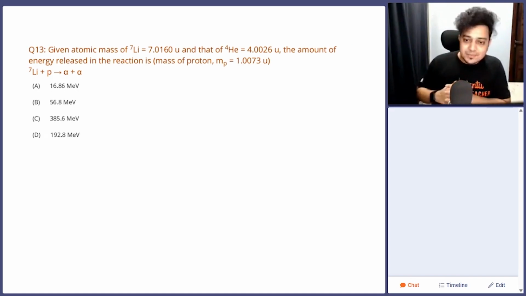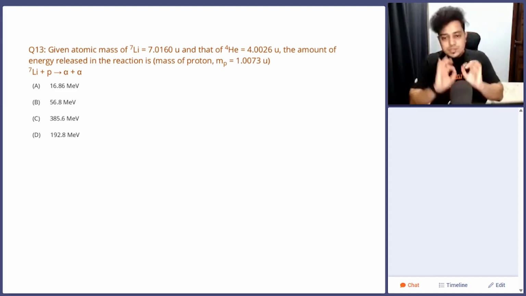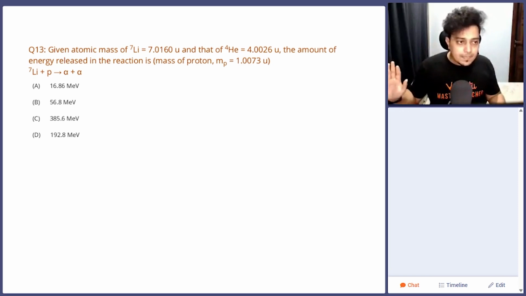Fine. Next question. Now this is a simple formula application question. Given the atomic mass of lithium and helium, and the amount of energy released in the reaction, where the mass of the proton is also mentioned. So it's a very straightforward formula application question.